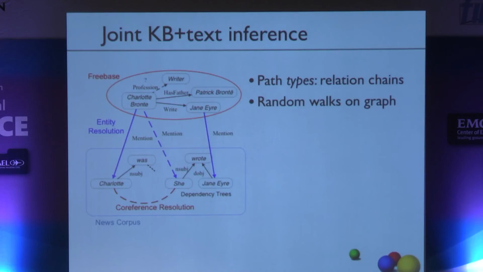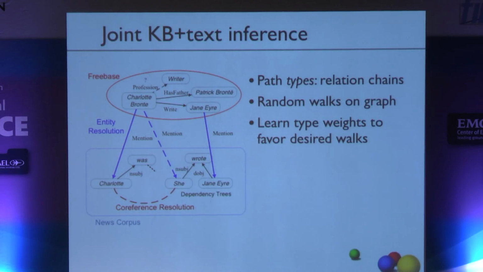So we're going to use these paths, sequences of labels, which we call path types, because we're looking not at the path itself, but at the labels along the path. And we're going to consider random walks in this graph, where we go both forwards and backwards through the edges.